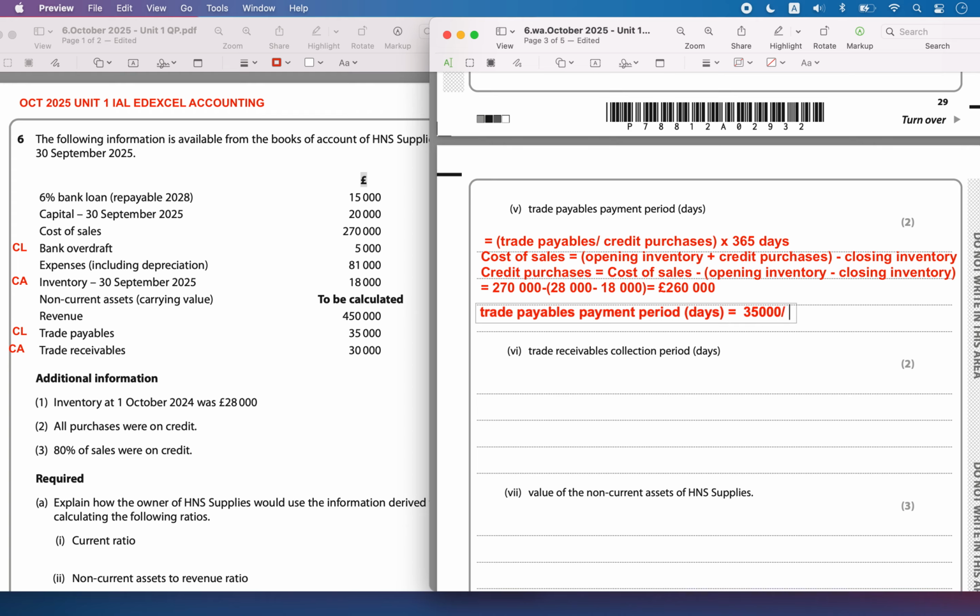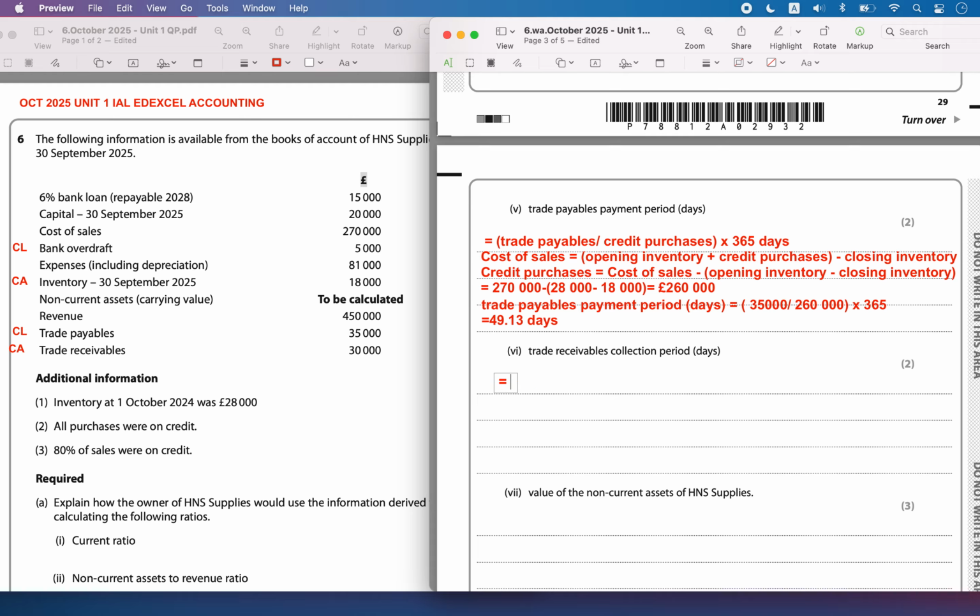The trade payables amount is 35,000 divided by 260,000. This entire thing you have to divide first and then multiply with 365. So that is going to be equal to 49.13 days.